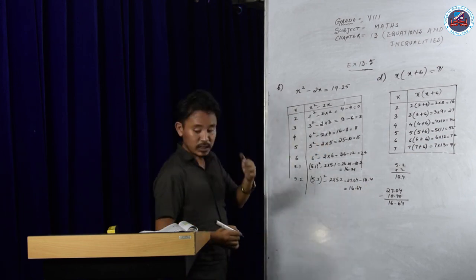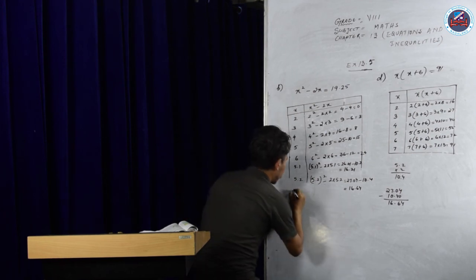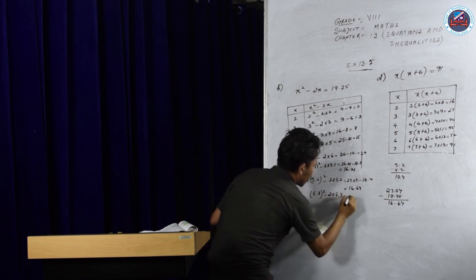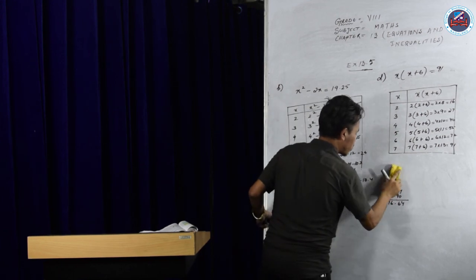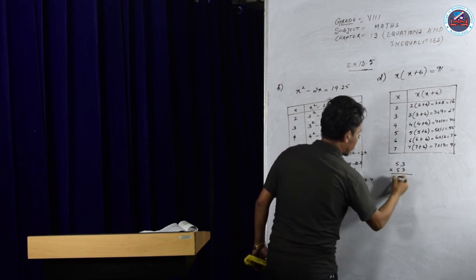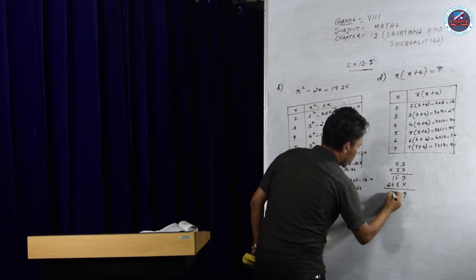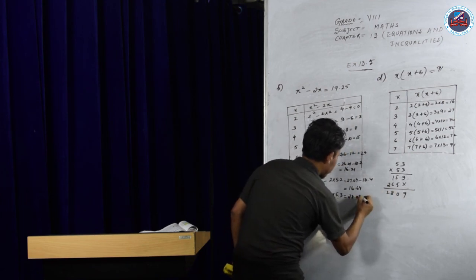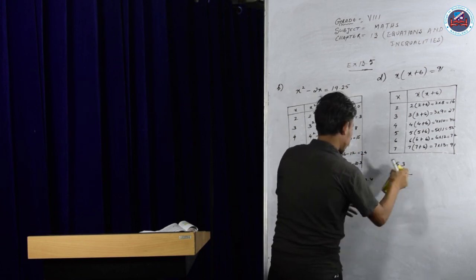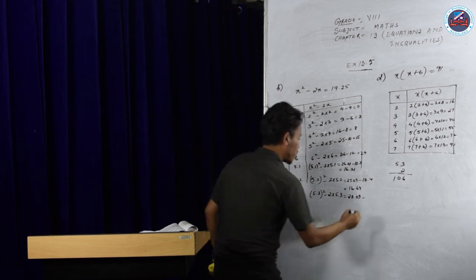Okay, 5.2. Let's move on to 5.3. If I put 5.3 squared minus 2 into 5.3, 53 into 53 is 2809, so 28.09. Then 5.3 into 2 becomes 10.6.